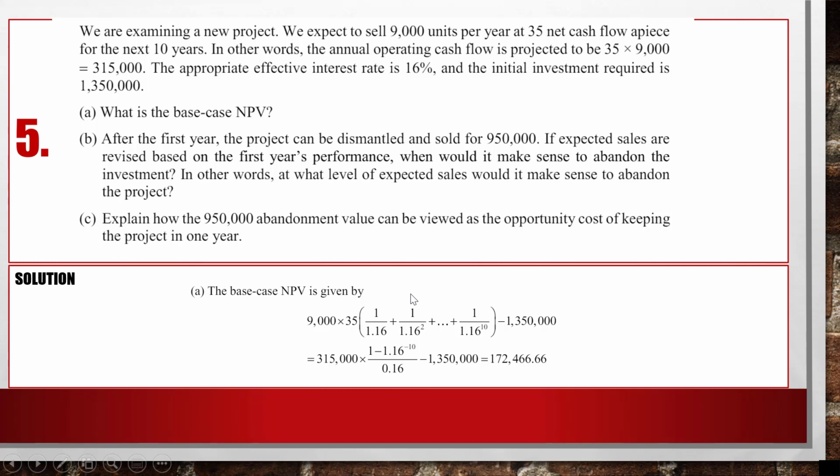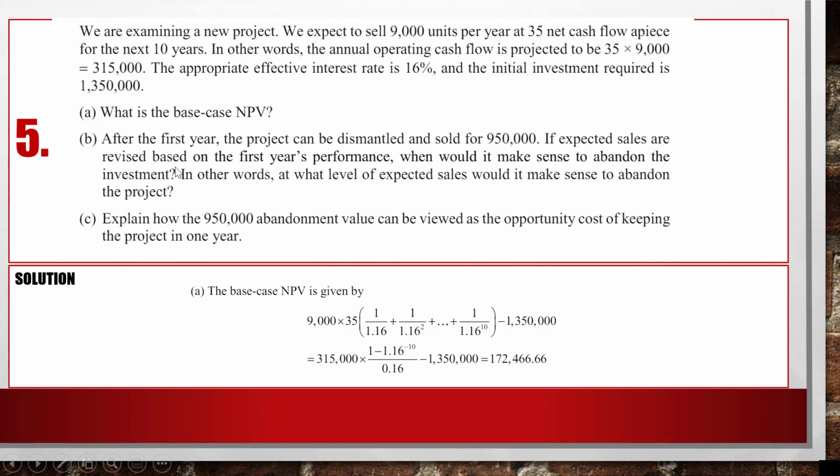At time 2, we also have 9,000 times 35 and the present value is 9,000 times 35 times 1 over 1.16 squared, and so on for 10 cash flows. Then we subtract the initial investment of 1,350,000 and we got $172,466. That's the base case NPV.